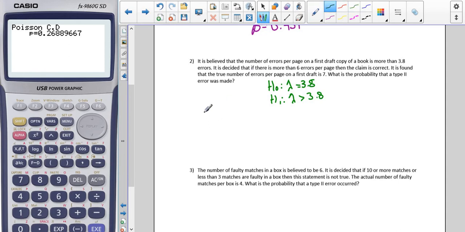So again, our reject H0 region is when x is more than 6. That means that our accept H0 region is going to be when x is less than or equal to 6.